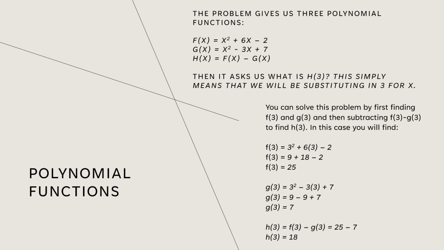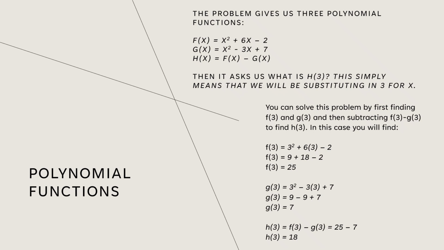So 3 squared is 3 times 3, that's 9, plus 18 minus 2. And 9 plus 18 is 27. Subtract 2 and you're left with 25. So f of 3 is equal to 25.